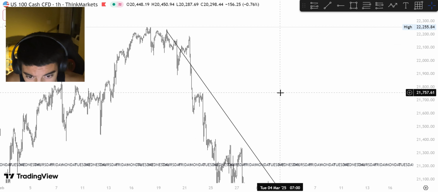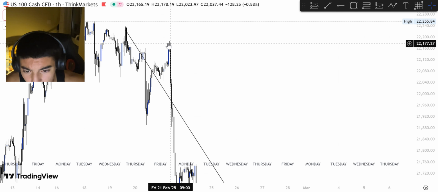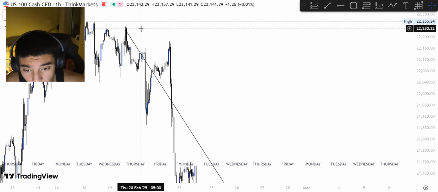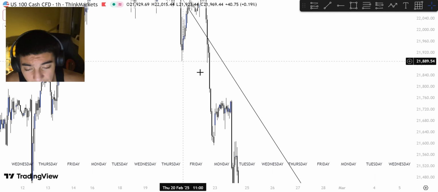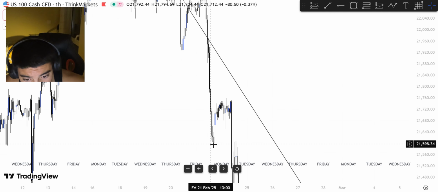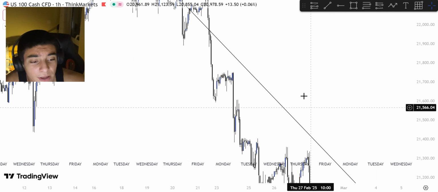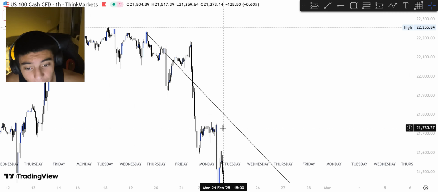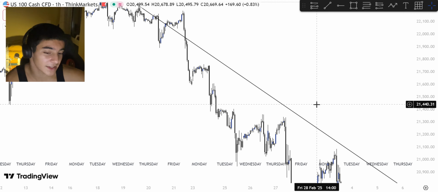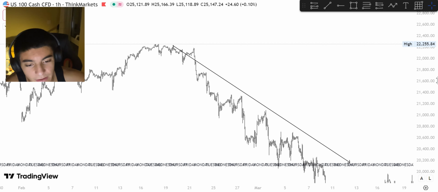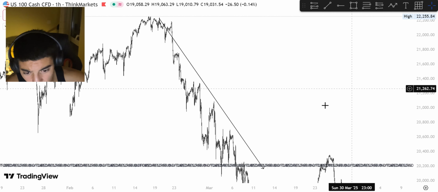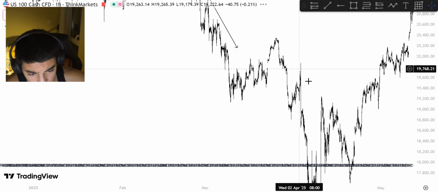So we had a lower high from this high to this high. Then we had a lower low from this low to this low. Then we had a lower high from this high to this high. And yeah, it's basically that. You just need to know that pretty basic concept. And yeah, this is a downtrend.